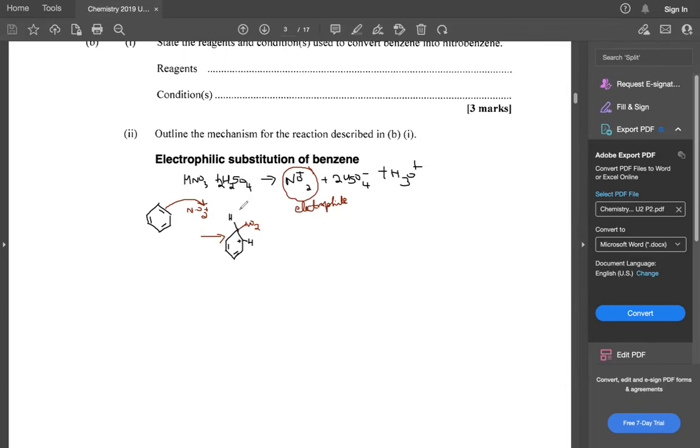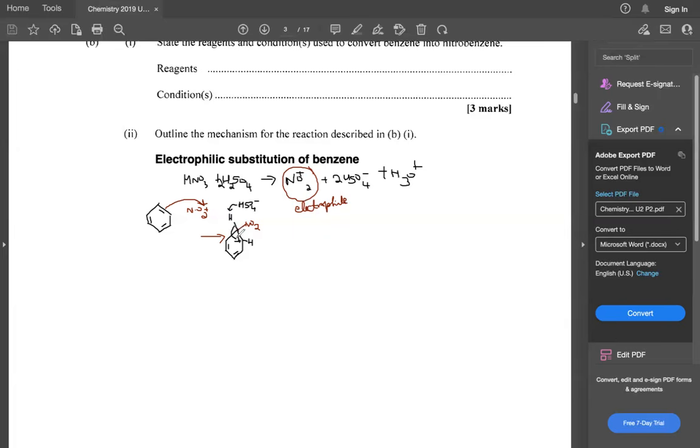And so what's going to happen then is the HSO4 minus that remains in the solution is going to act as a weak base, and it's going to come and pull off this hydrogen, right? And this hydrogen will then donate its electrons from this bond back to that positive carbon.